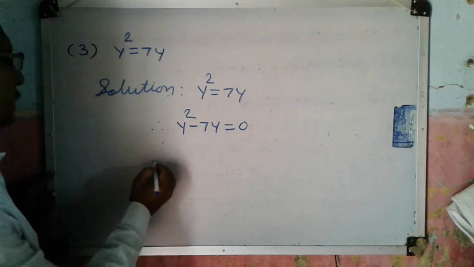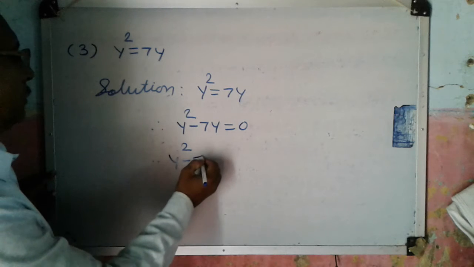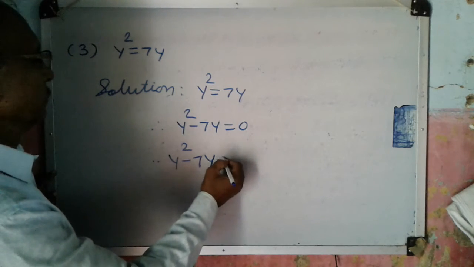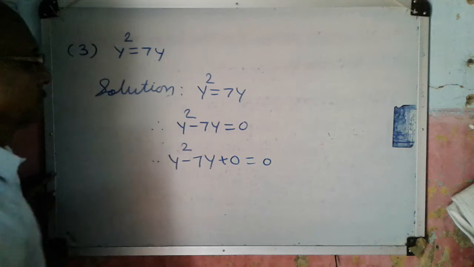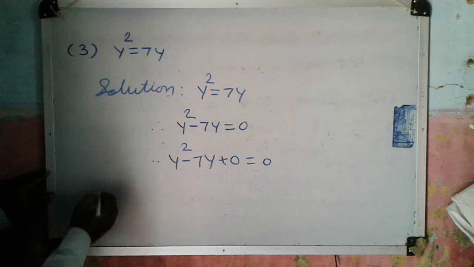So here we can write this as y square minus 7y plus 0 and compare with standard form.